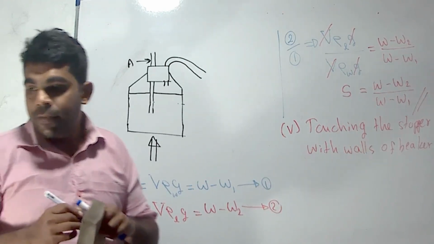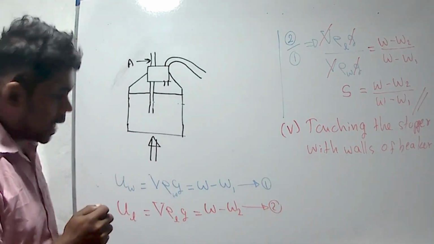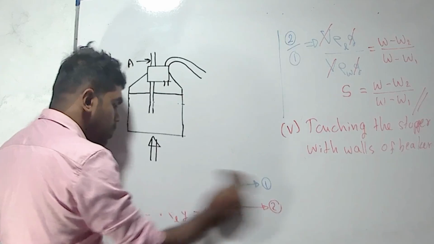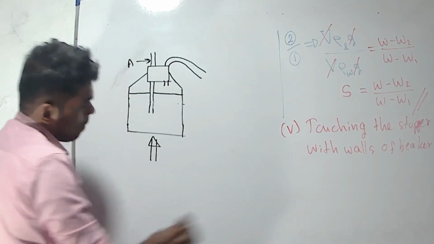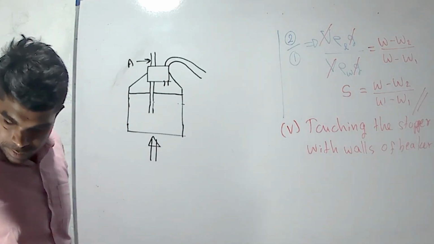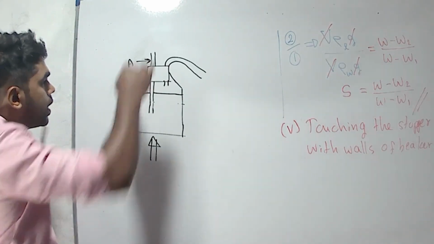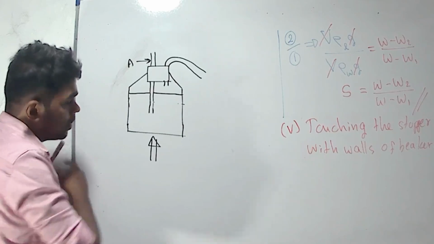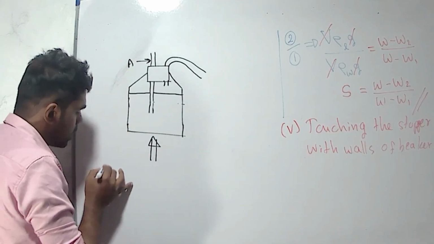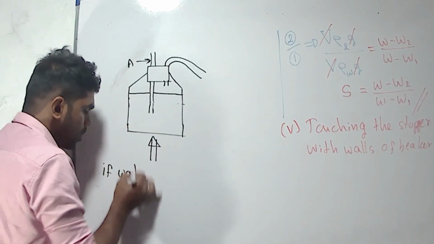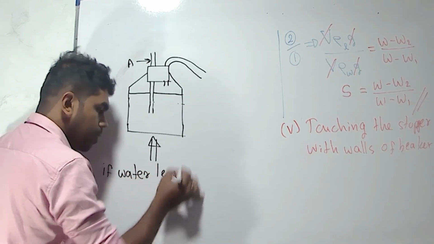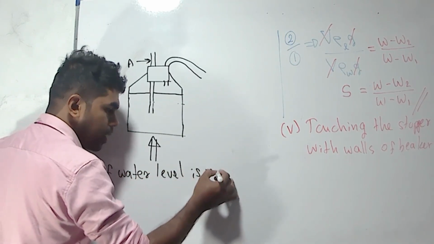Then we can identify that we have used the appropriate water level. By using tube A, we can identify if the water level is not sufficient.